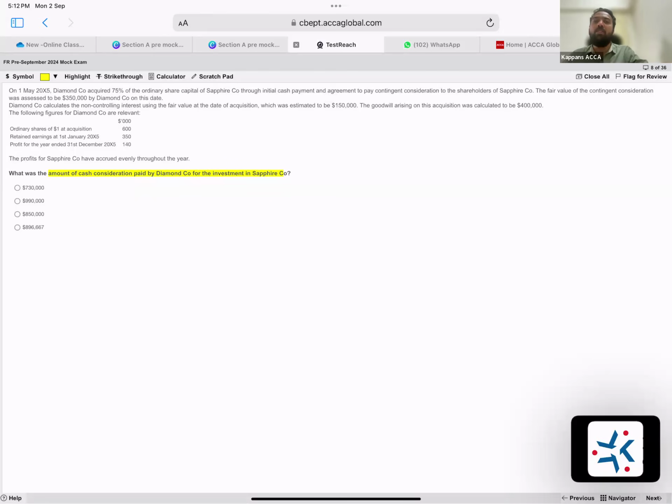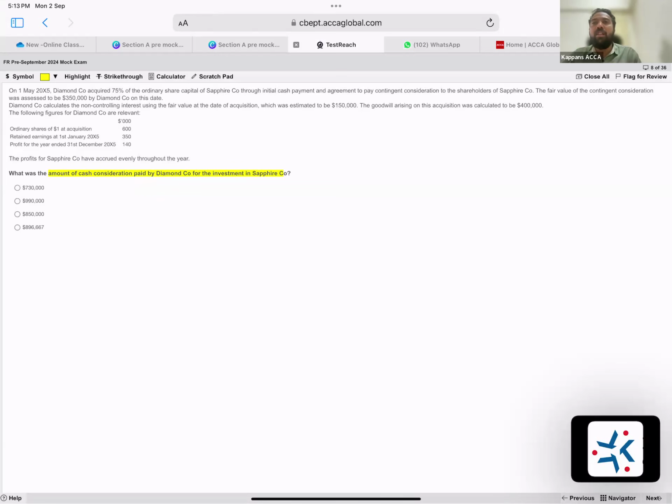The fair value of contingent consideration was assessed to be $350,000 by Diamond Company on this date. Diamond Company calculates non-controlling interest using fair value at the date of acquisition, which was estimated to be $150,000. The goodwill arising on acquisition was calculated to be $400,000.